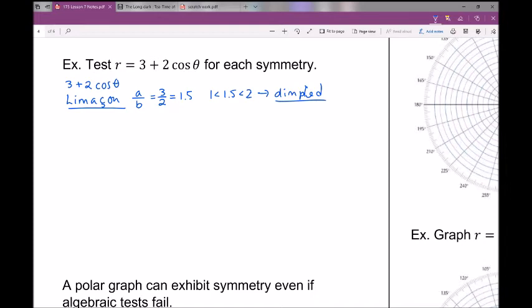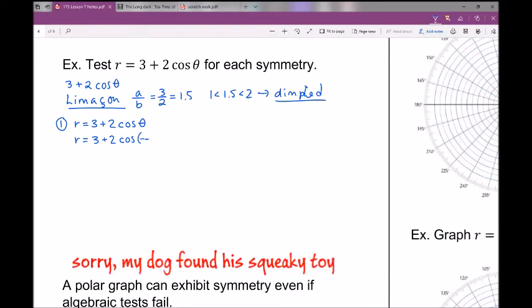You might know that it has some kind of symmetry, and I think it will. So let's see. For the first one, we're going to take the equation and plug in negative theta for theta. So we'll get r is equal to 3 plus 2 times the cosine of negative theta.